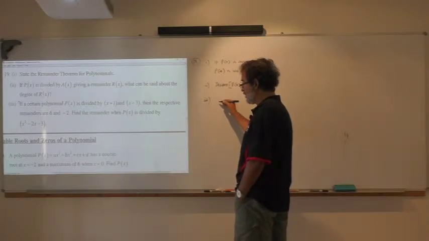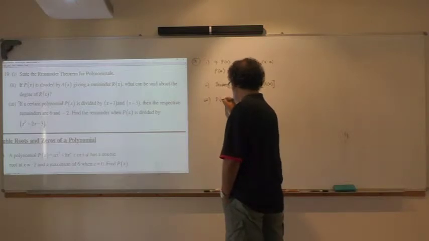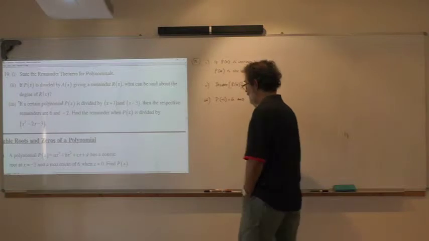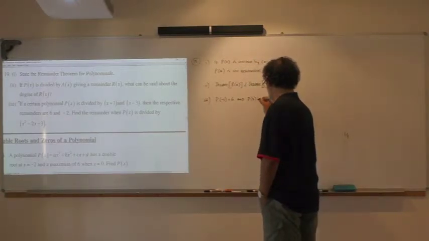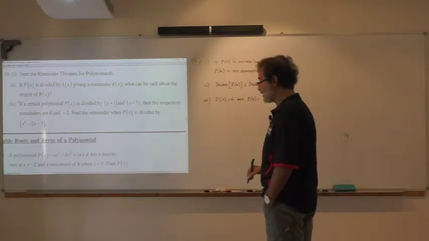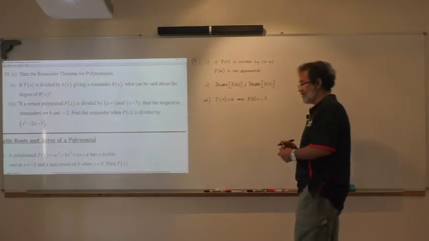If we divide by x plus 1, the remainder is 6, so P of negative 1 is equal to 6. When you divide by x minus 3, the remainder is P of 3, which is equal to negative 2. This is something that we need to have in mind.